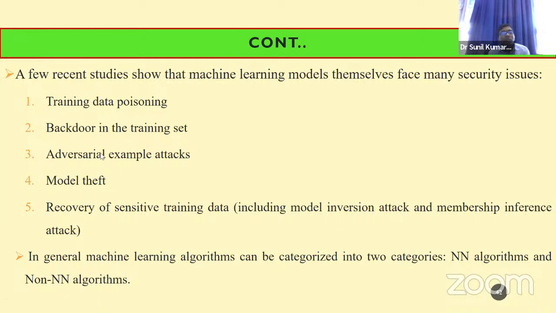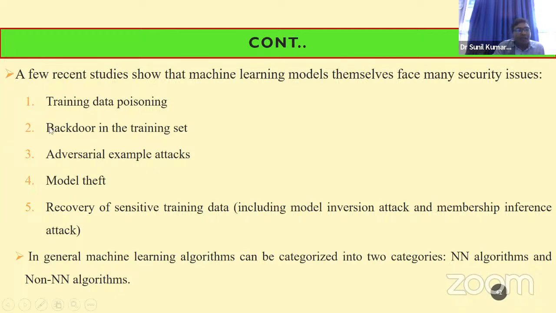Suppose you have collected a data set to train the model, and after training the model you are going to deploy it, but some attacker or intruder already modified your data set. Some malicious records are inserted in the data set. Then of course your machine learning model is going to be trained over that data set only, and your trained model will behave accordingly as per the need of the attacker.